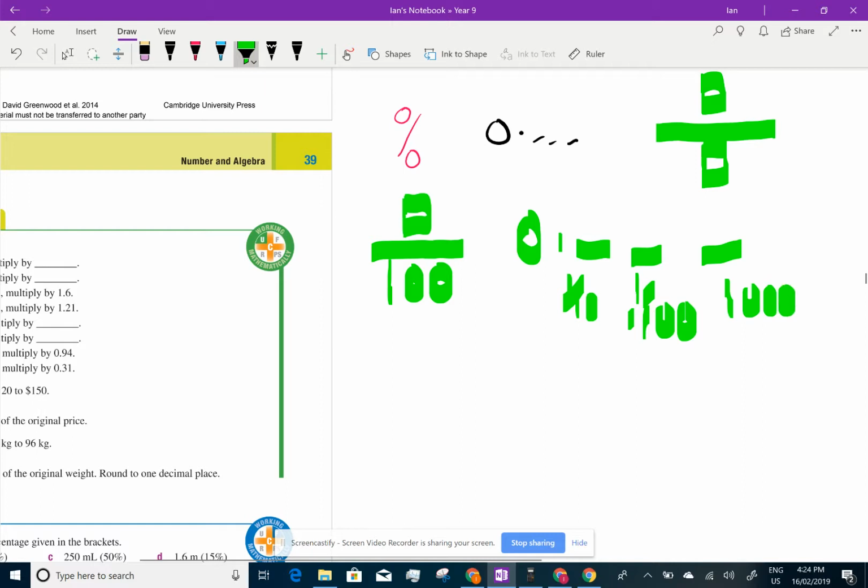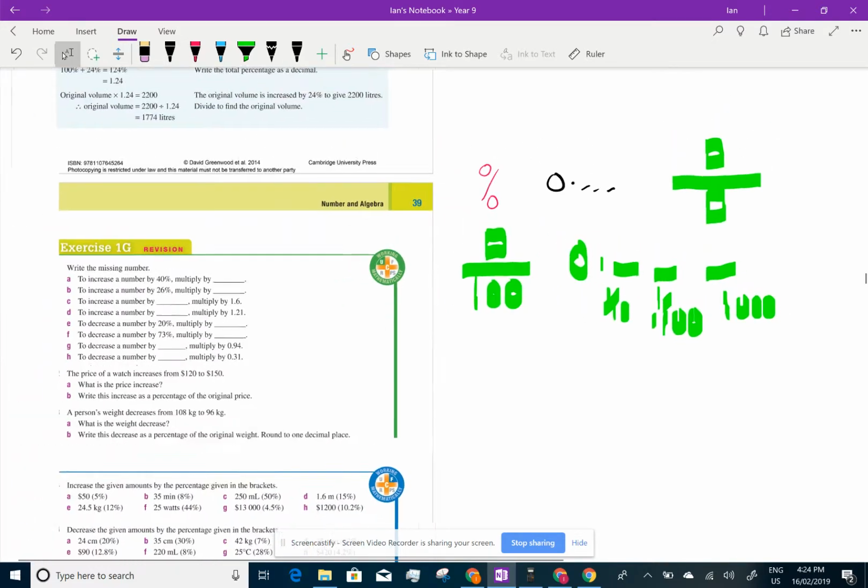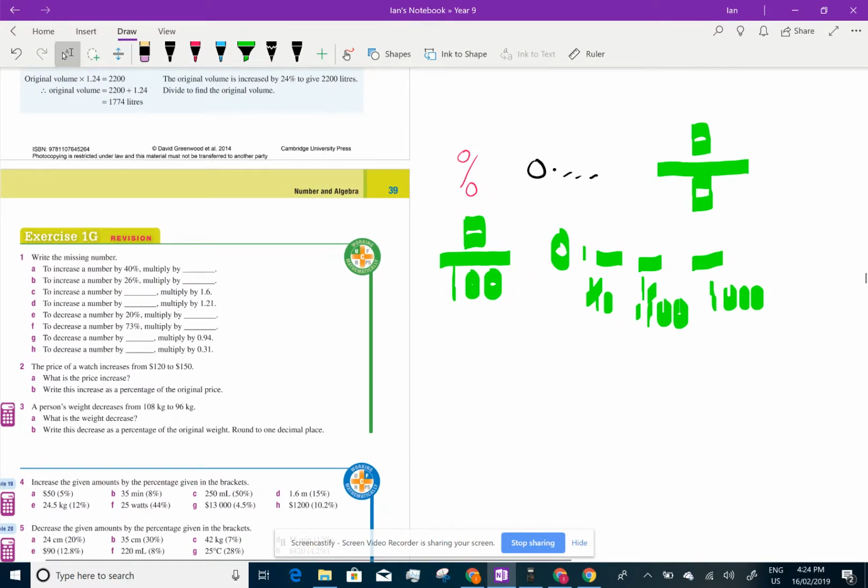So when you're dealing with fractions, decimals, and percentages, you need to move quickly between them. You need to be able to change a percentage to a decimal by moving the decimal point, or a decimal to a percentage by moving the decimal point. And it's going to make it much easier if you can do that.